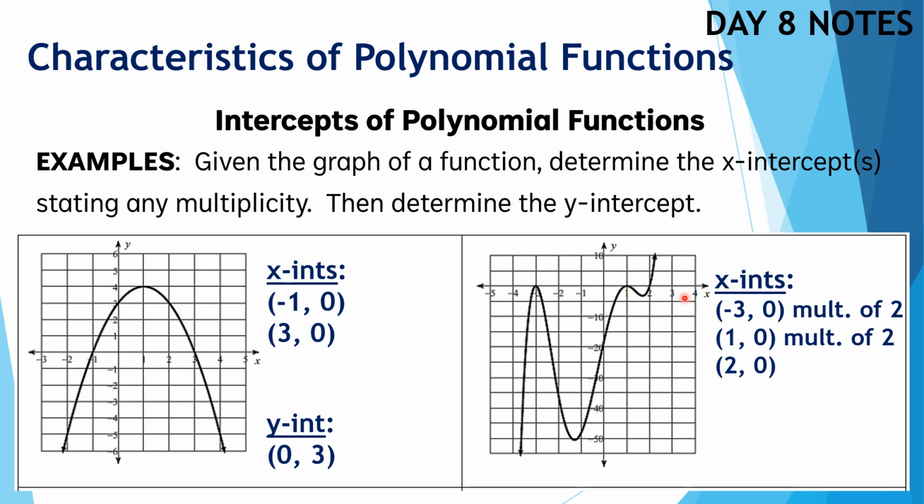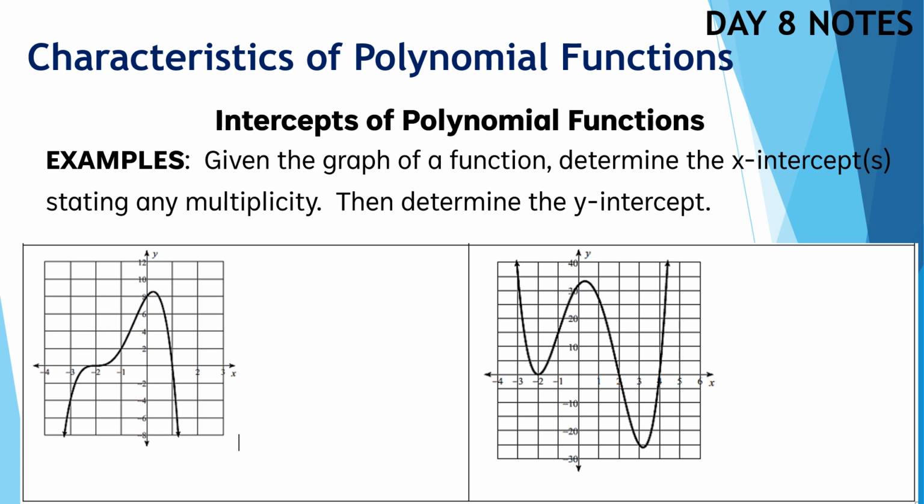So they're (-3, 0) with a multiplicity of 2, (1, 0) with a multiplicity of 2, and (2, 0). The y-intercept, where do we cross the y-axis? That y value is -20, so its intercept is written as, oh, it's actually a little bit above that, excuse me, about -18 actually. So our y-intercept will be at (0, -18).